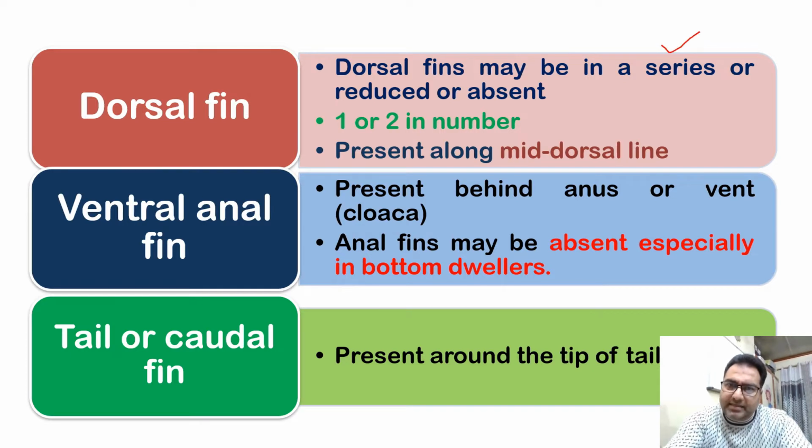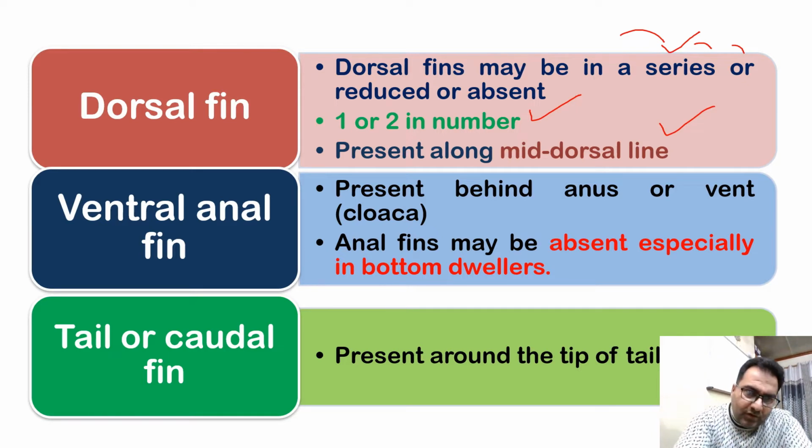They may be 1, 2 or 3 in series, mostly 1 or 2, and 3 only in exceptional cases. They are present along the mid dorsal line.